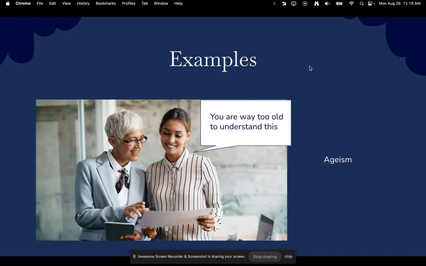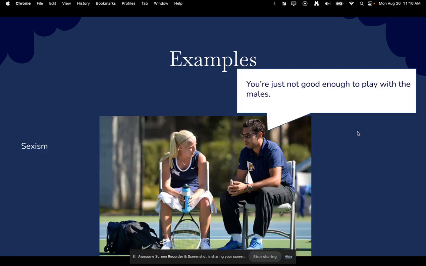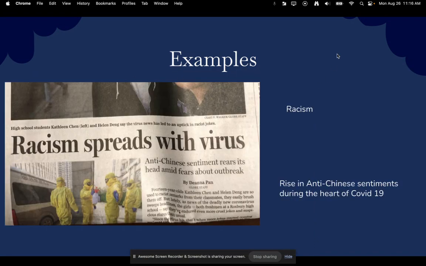So there are a ton of different examples we could go through. Here are some of the big ones. The first one would be ageism. The next one would be something like sexism. And another example of bias may be racism.